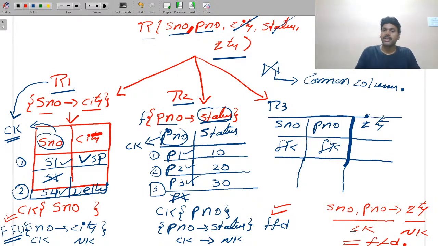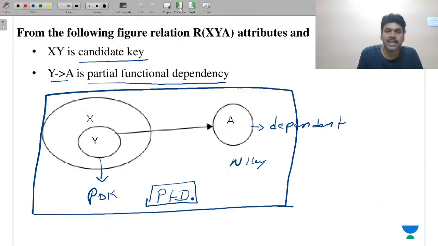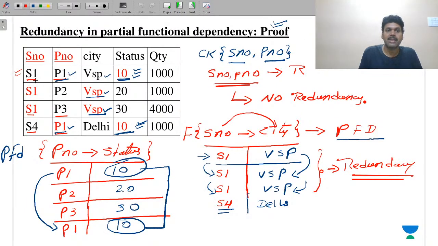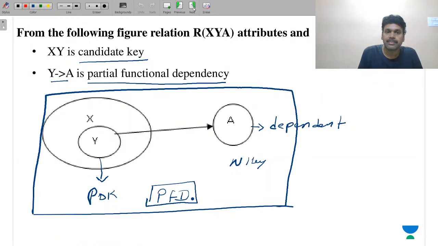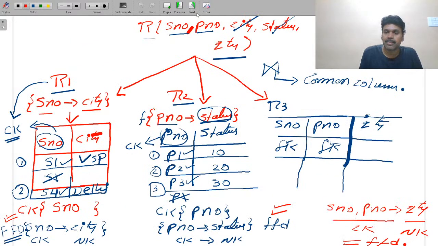Okay, friends. Now let us write the combinations. The combinations whichever are specified there, you write them. What is that? S1P1 quantity 1000, S1P2 quantity 1000, S1P3 quantity 4000, S4P1 quantity 1000. So I will write like this. The data I am writing: S1, S1, S1.